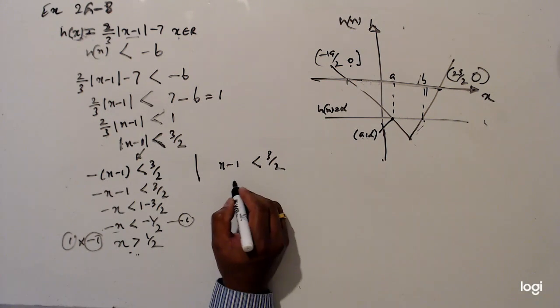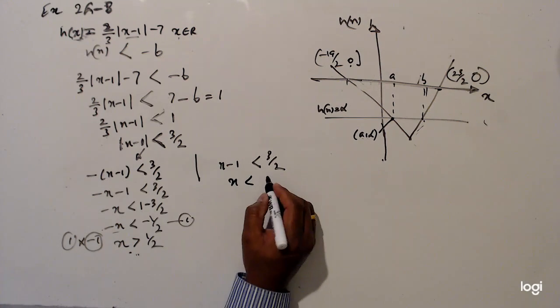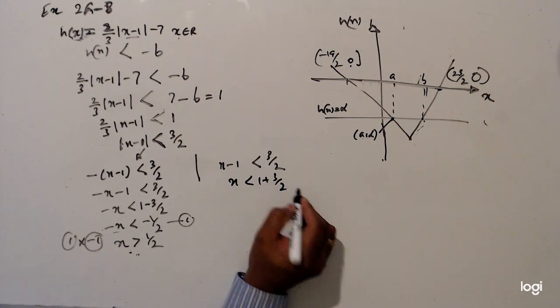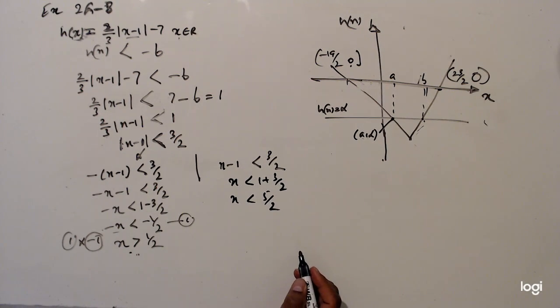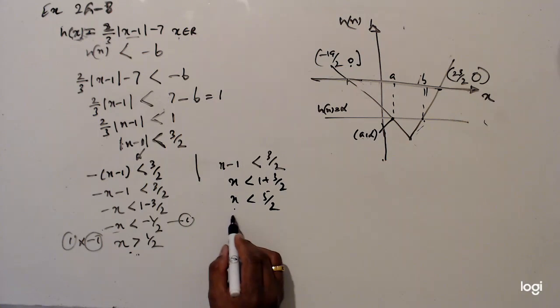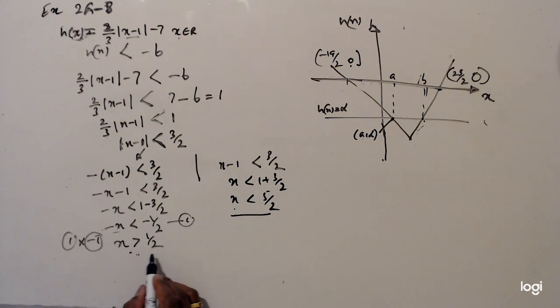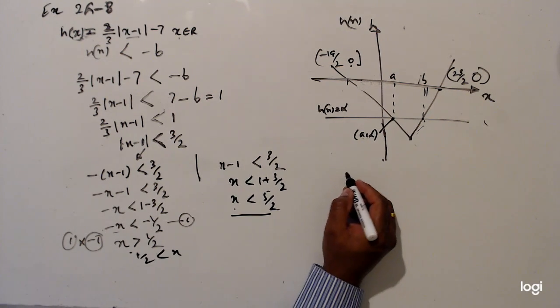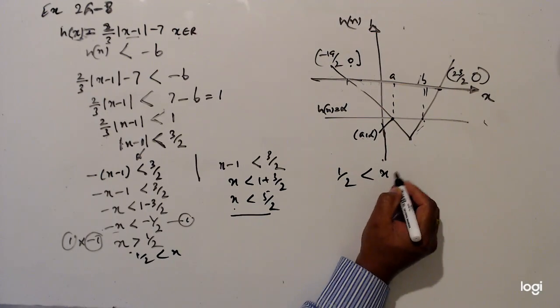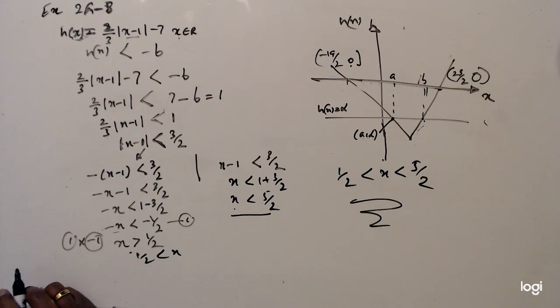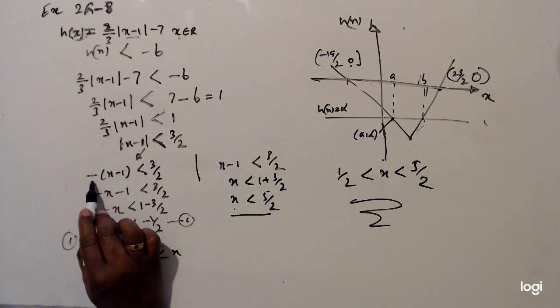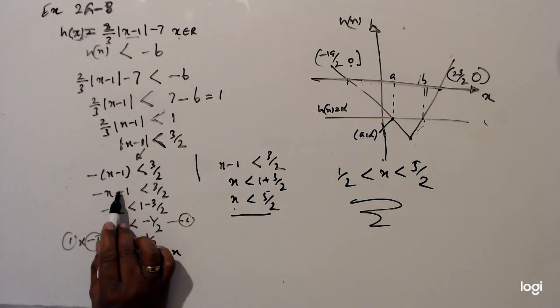Now let's solve this one. x is less than 1 plus 3 over 2, x equals 5 over 2. So x should be less than 5 over 2, and x should be greater than half. So it means x should lie in between half and 5 over 2. I think minus times minus is positive.